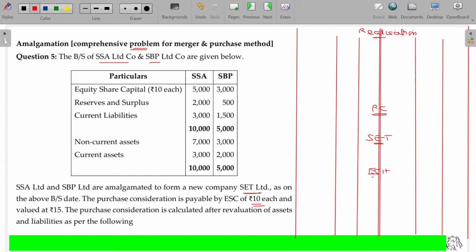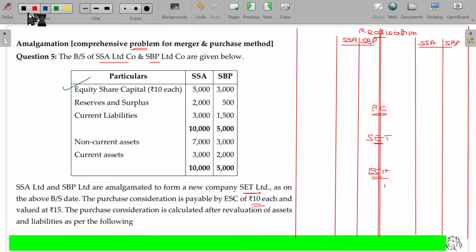So these are the accounts you have to open. Record the balance sheet items. Equity share capital, SSA and SBB.